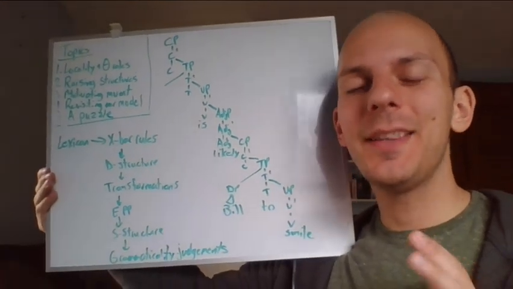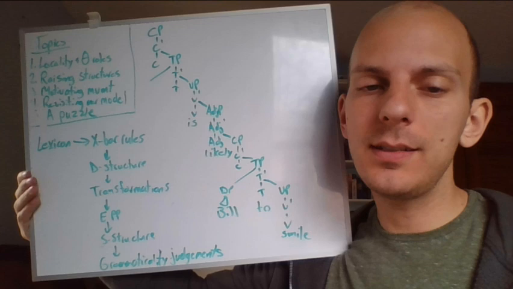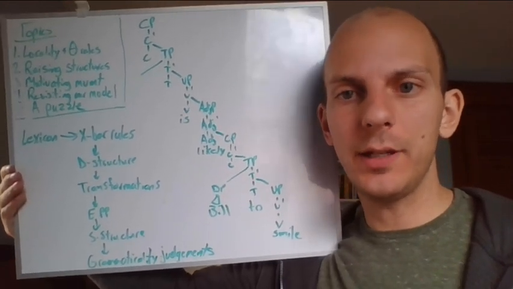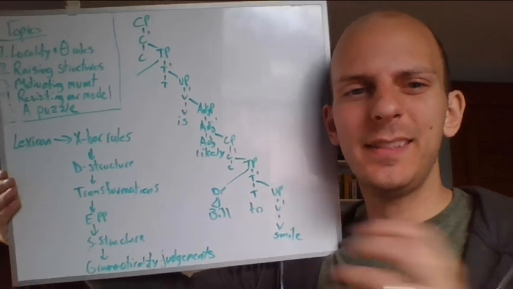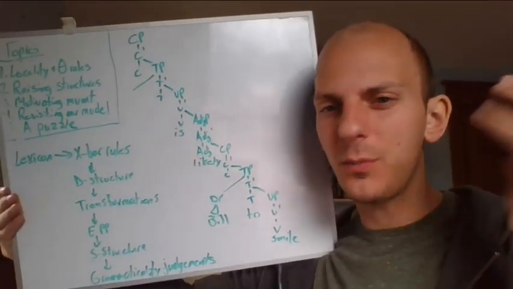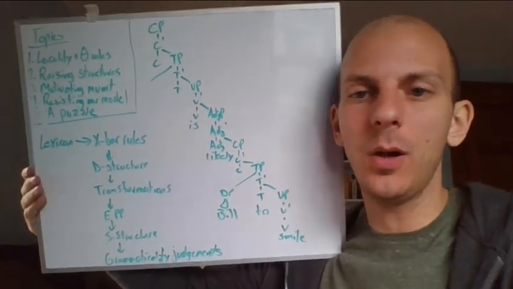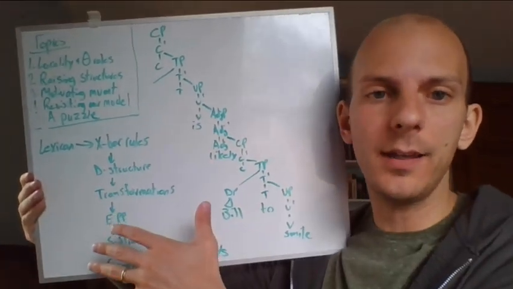What are these trees? The trees are grammatical sentences. It's giving us a step-by-step instruction manual on how to generate trees grammatically. This is a mental model of what's happening in our brains. Is this exactly what's happening in our brains? No, but it's close. It's a model of that thing.